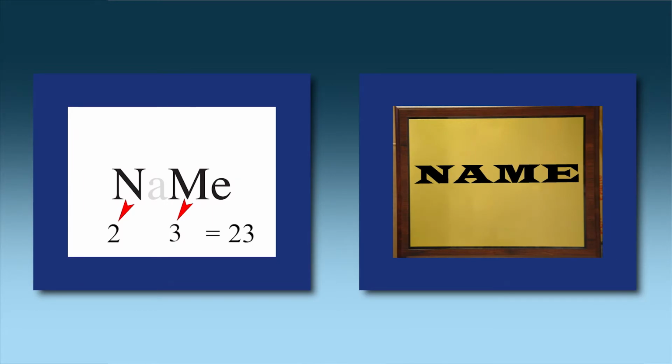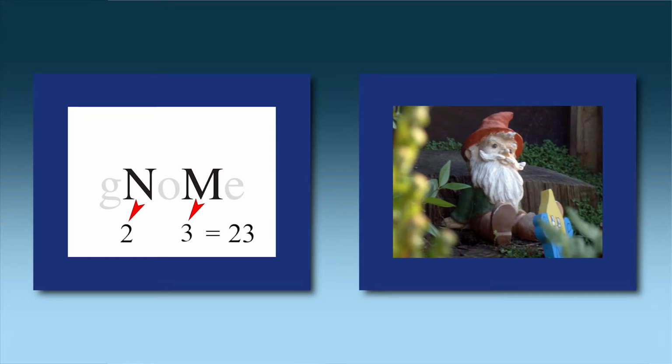Very good. Name is 23. I've just got a name plaque here. Name is not an easy one to come up with a visual noun. But one is name and another one is gnome. I found that a number of Americans are not familiar with gnome. The British are, of course. So if you don't know what a gnome is, and you haven't read Harry Potter to find that out, a gnome is spelt with a G, N-O-M-E.